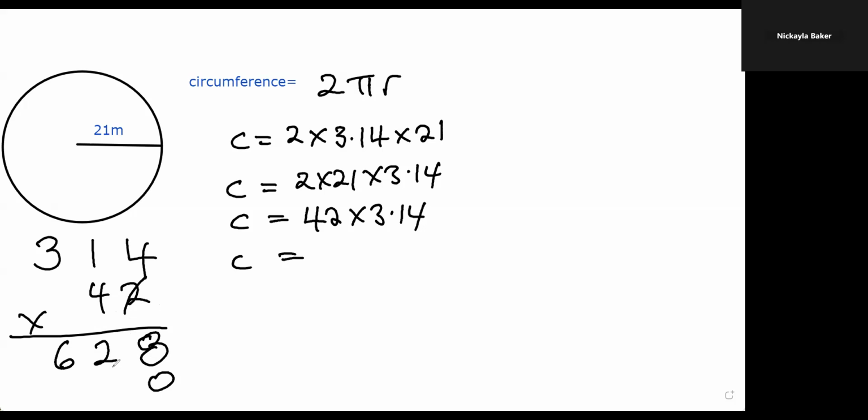4 times 4 is 16, plus the 1. Put the 6 here, and then add the 1 at the top. 4 times 1 is 4 plus the 1 equals 5. 4 times 3 is 12.